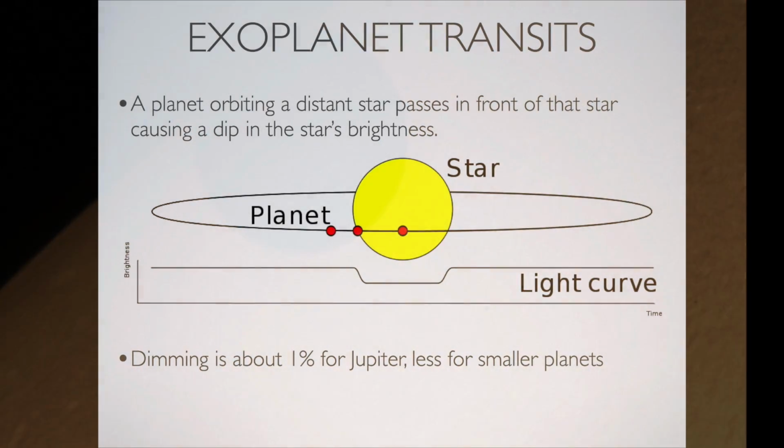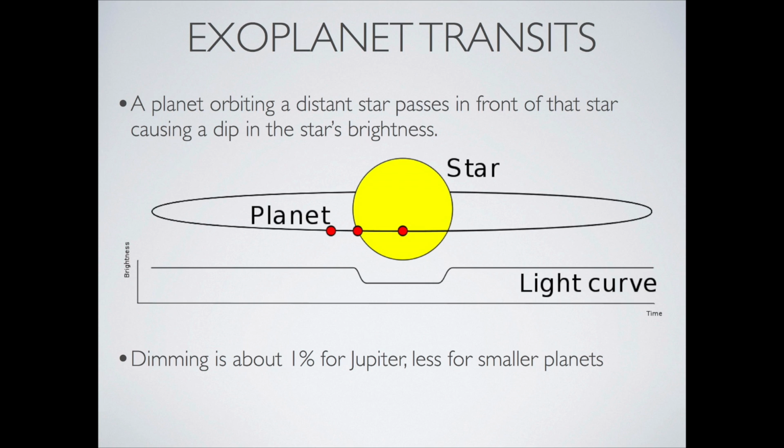We're just going to see a small dip in the brightness of the star, and that's what we're after measuring. To keep numbers in mind, a Jupiter-sized planet passing in front of a Sun-like star will dim it by approximately 1%. So getting 1% level photometry, the ability to measure the brightness of stars to about 1%, is the minimum requirement to start measuring and detecting exoplanets.